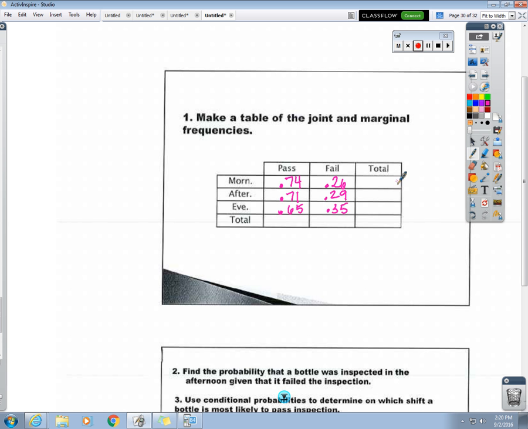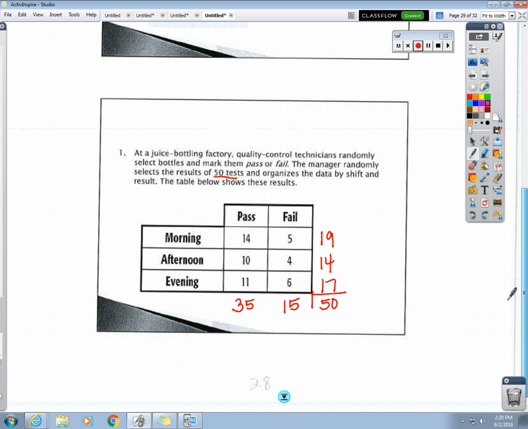Okay, now, when it's time to do your marginal frequencies, the totals, you're going to do it out of the total of everything. How many tests were conducted? 50. So this time, everything will be out of 50. How many total morning tests were there? 19.